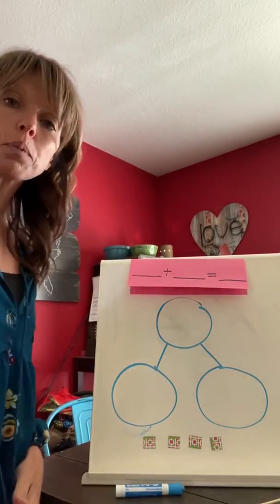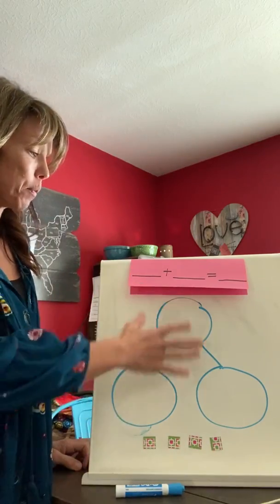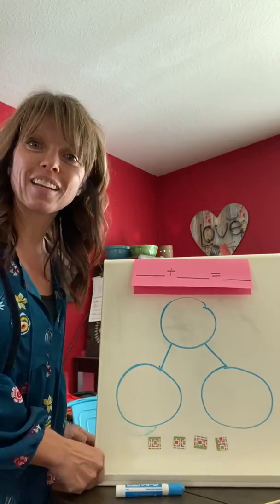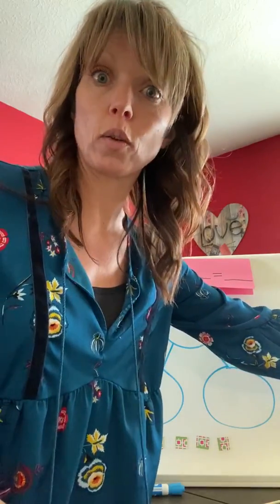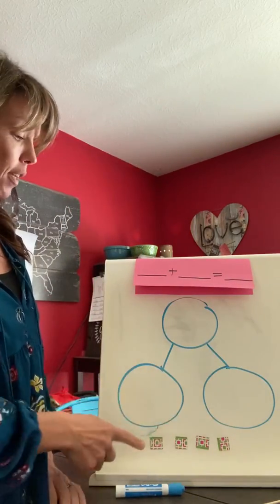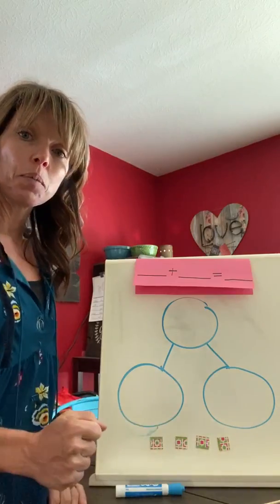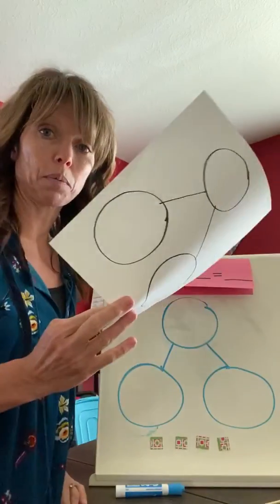Okay, so just to explain how it's going to look on my end, I'm going to be using the number bond that I have here on the board, and instead of the objects that I'm going to be, oh, I forgot, you're also going to need a baggie of objects. Sorry, I forgot. So instead of using a baggie of objects today, I'm using magnets because it's easier for me to show you on here while you're doing it on your own number bond, okay?